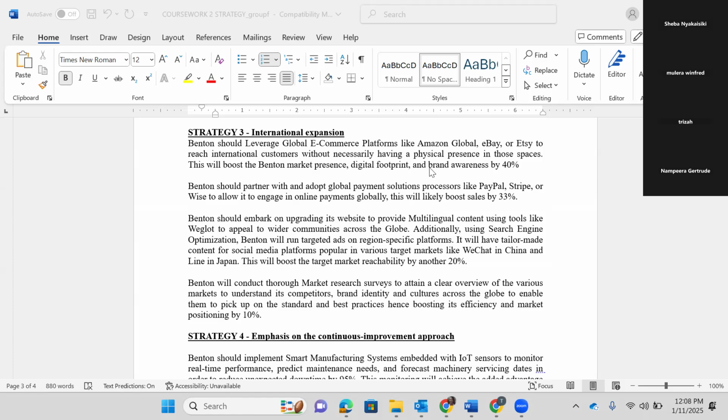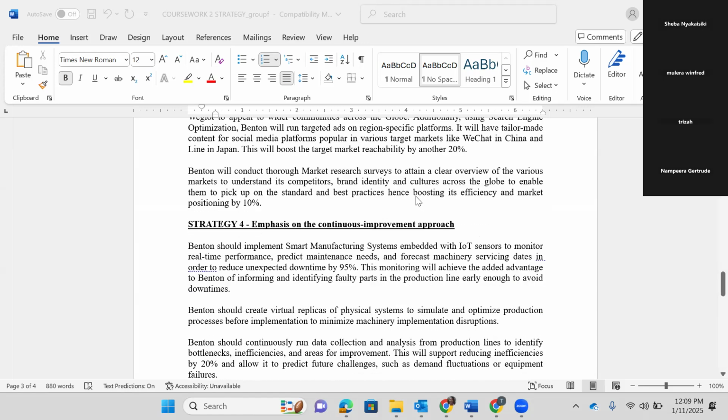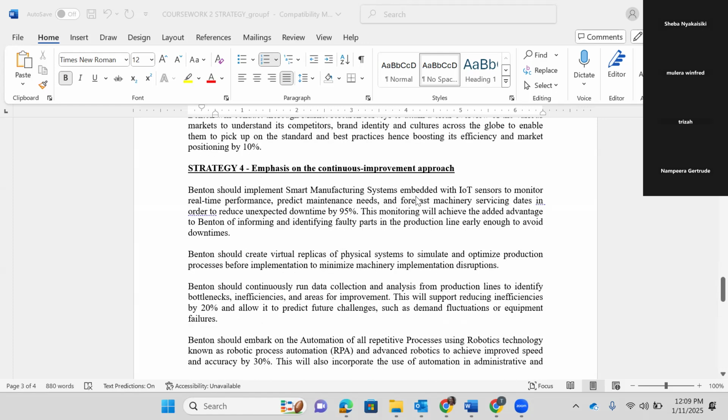So we went on and came up with strategy number 4, and this is the emphasis on the continuous improvement approach. Here we said Benton should implement smart manufacturing systems embedded with IoT, the Internet of Things, sensors to monitor real-time performance, predict maintenance needs, and forecast machinery servicing in order to reduce unexpected downtime by 95%.